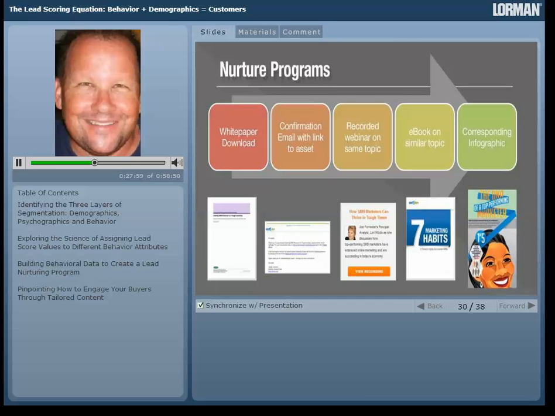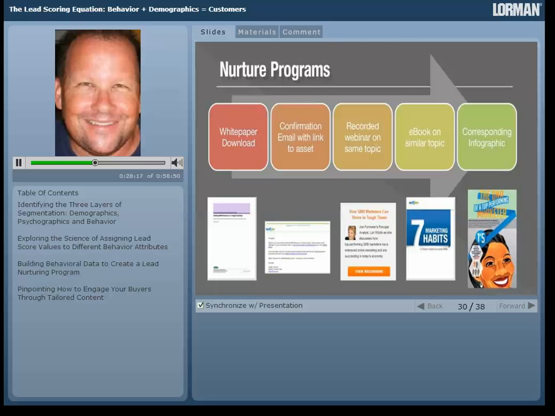But with the confirmation email, the prospect has the opportunity to refer back to it in case they need it for future reference. So maybe they did read it, but it's been a while, and they wanted to remember where that white paper was. They can refer back to that email.